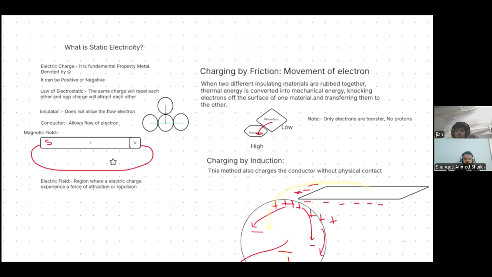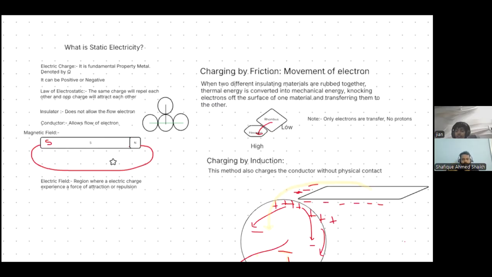Okay. So the next question. What is an electrical insulator? An electrical insulator, like the objects or the definition?